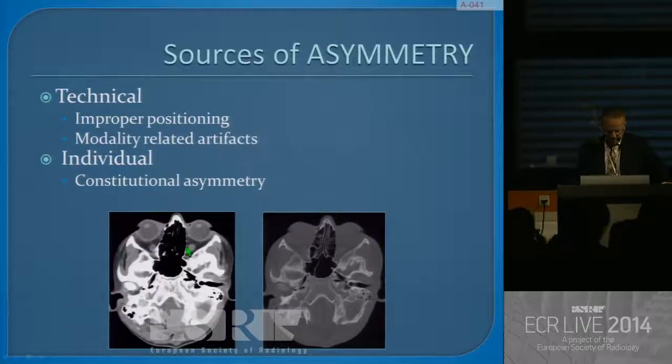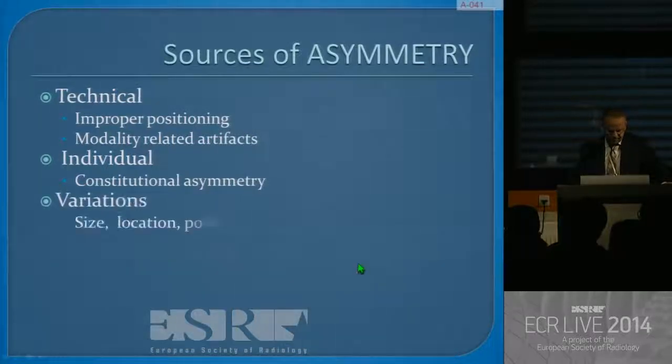Let us look at this patient. The technician tried to obtain the symmetry on the ocular globe, but the rest is very asymmetric. Variation of any kind, size, location, or position may be a source of asymmetry.